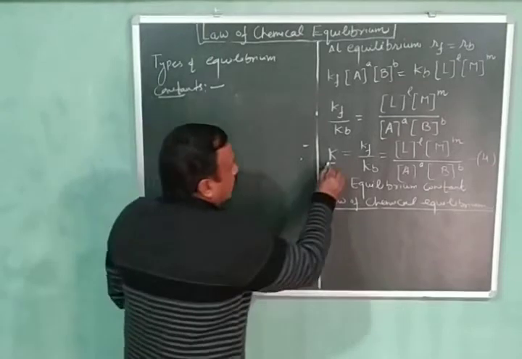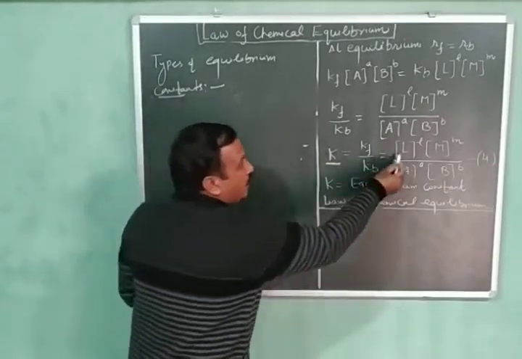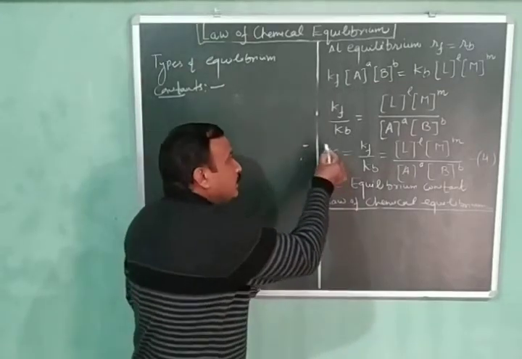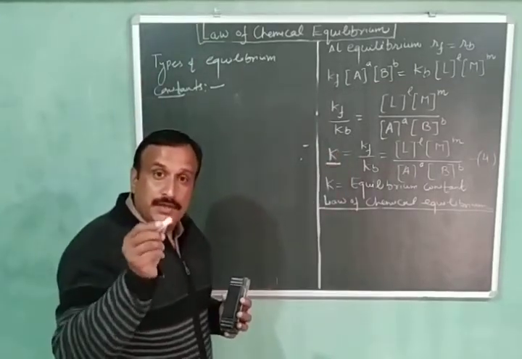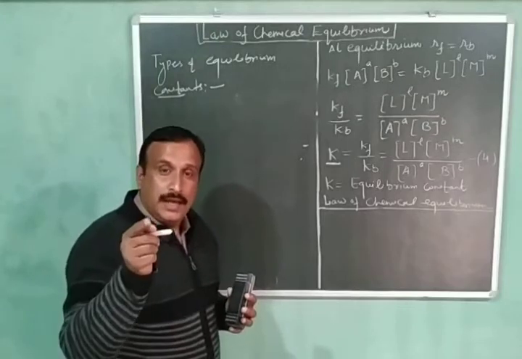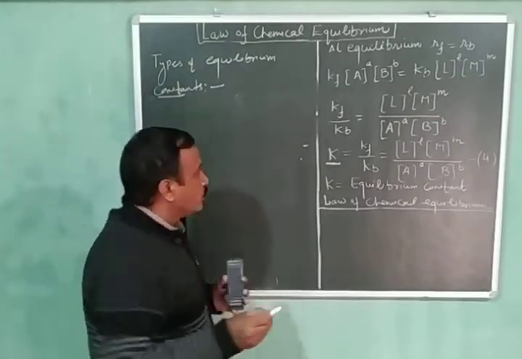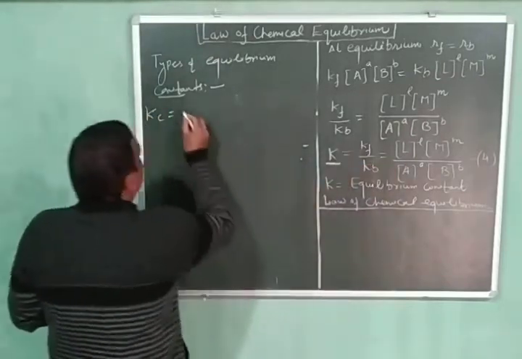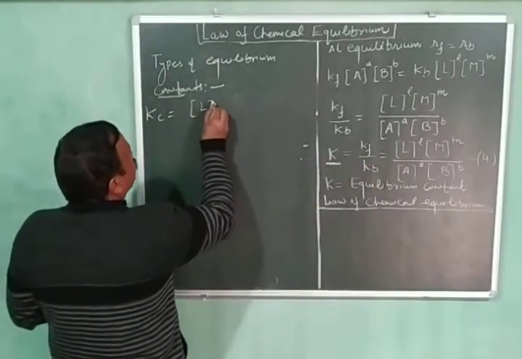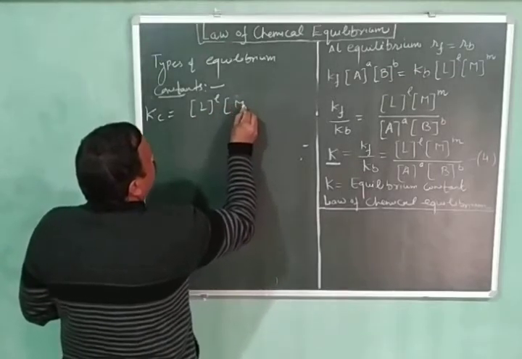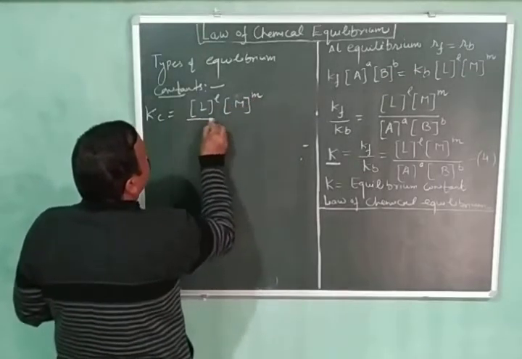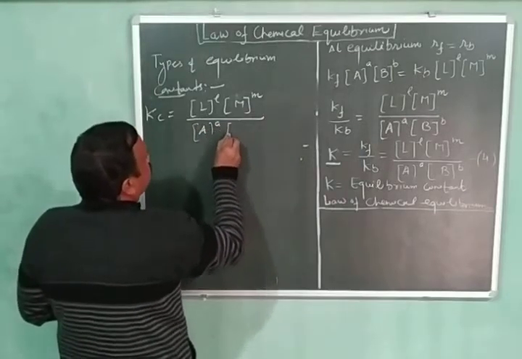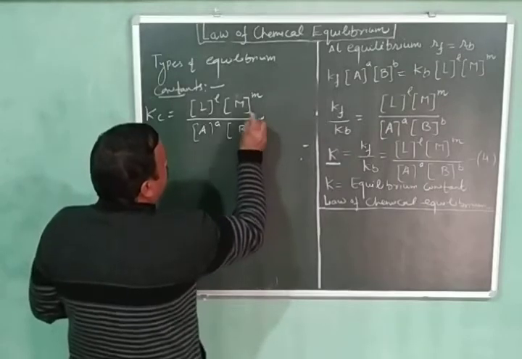So Kc will be equal to [L] raised to power l into [M] raised to power m, divided by [A] raised to power a and [B] raised to power b.